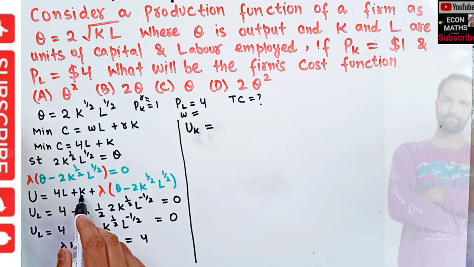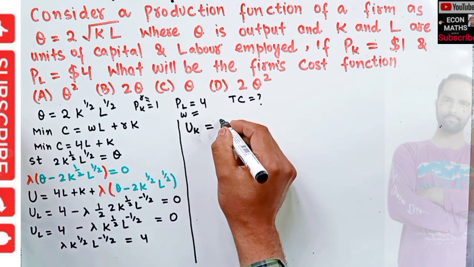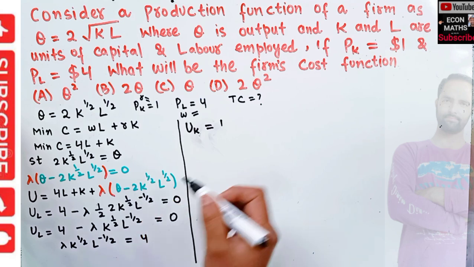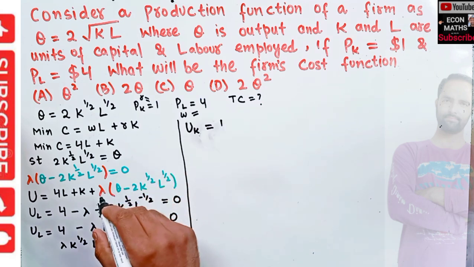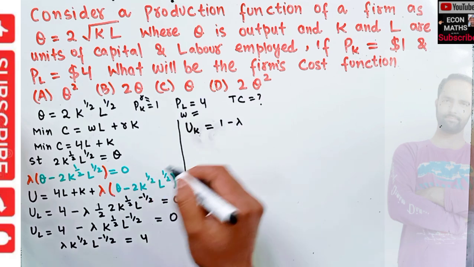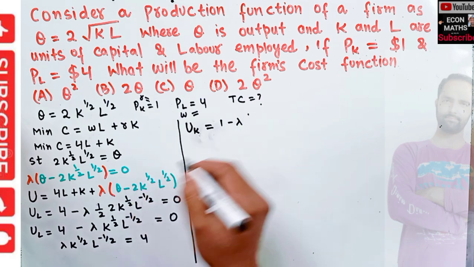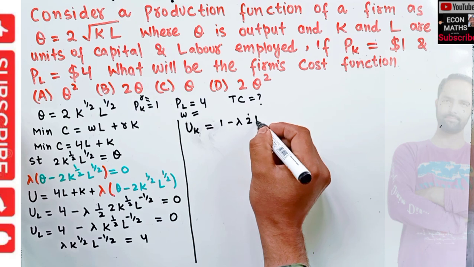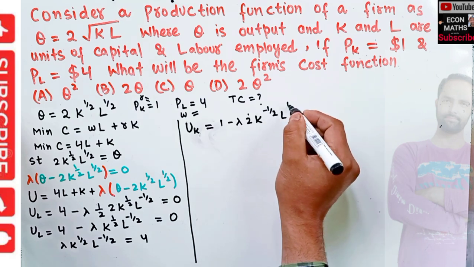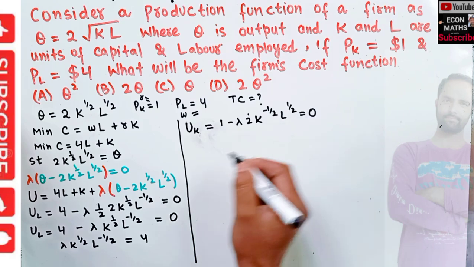In the second term the derivative of K is 1, so we are left with 1. Again, the derivative of K to the power 1 upon 2: here we have lambda into minus, so minus lambda, and the exponent becomes coefficient, 2 K to the power minus 1 upon 2 L to the power 1 upon 2, and we set it equal to 0.